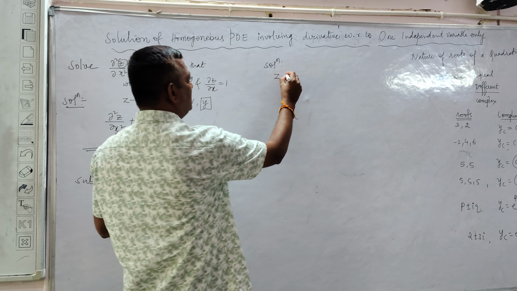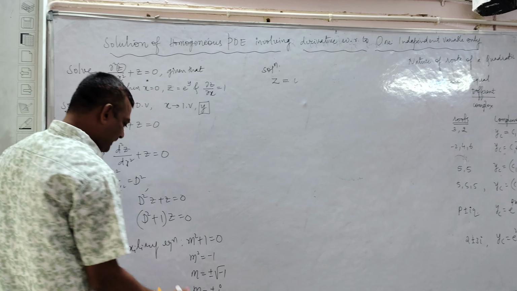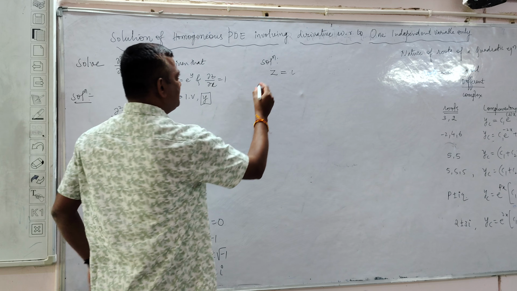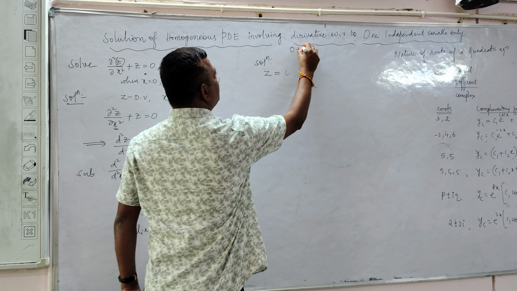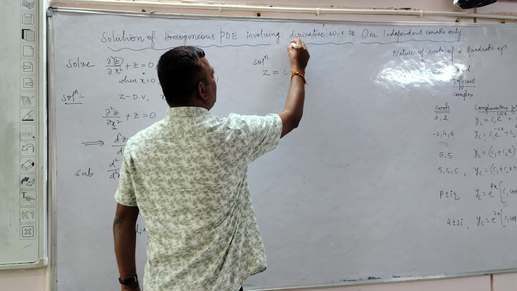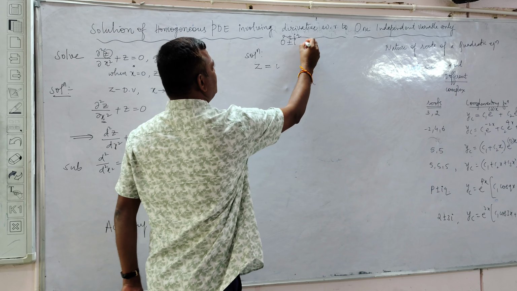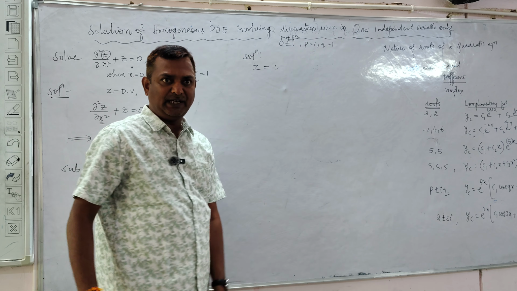Z is equal to c1, or first you can write that the real part is absent. Real part is absent in the sense that you have 0 ± i, meaning p + iq. What are the values of p and q?